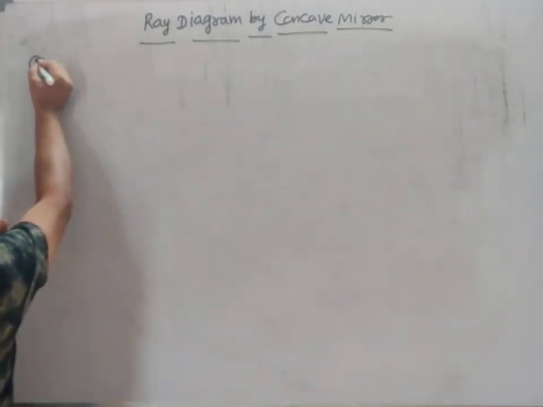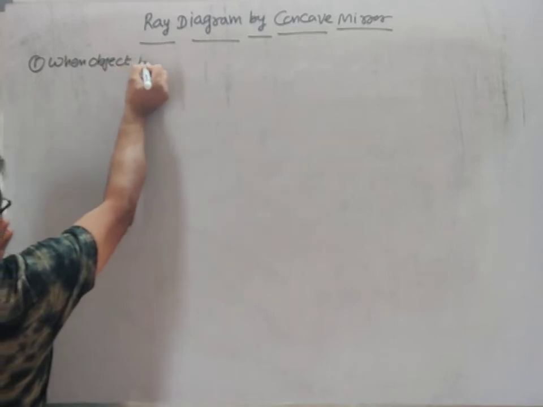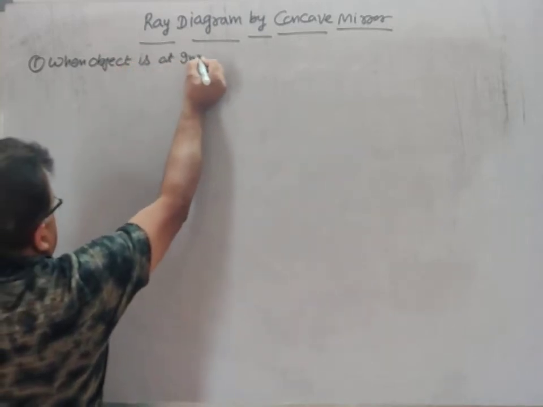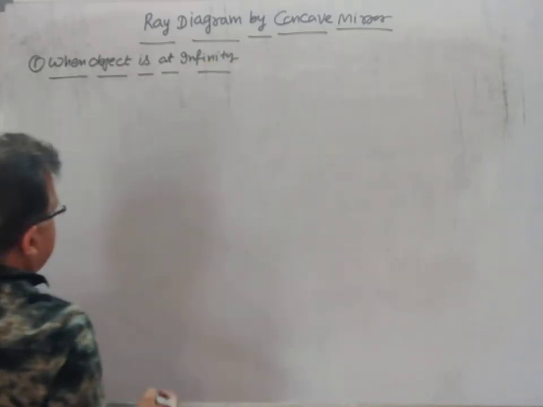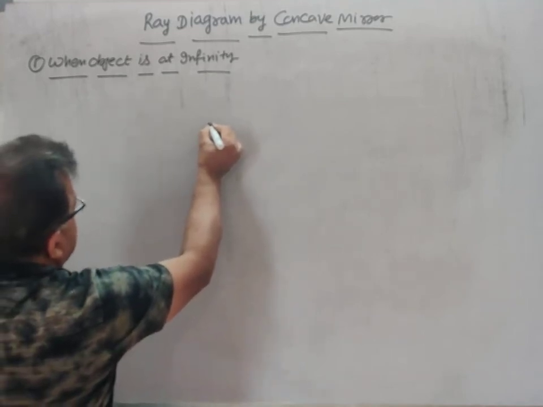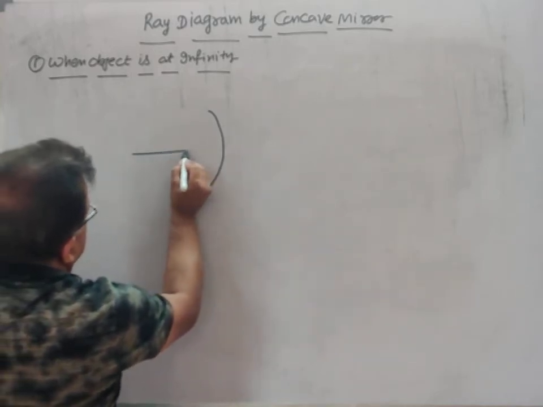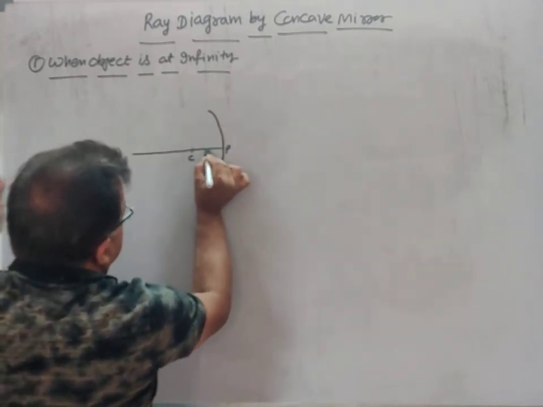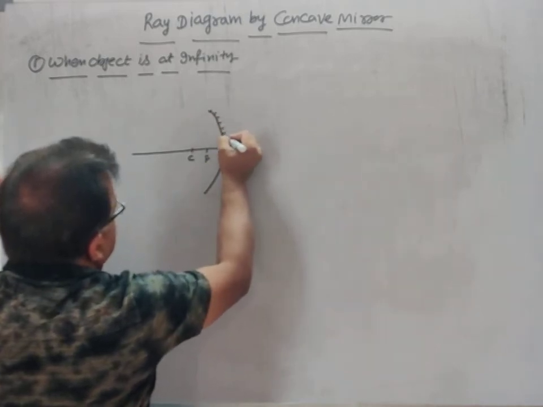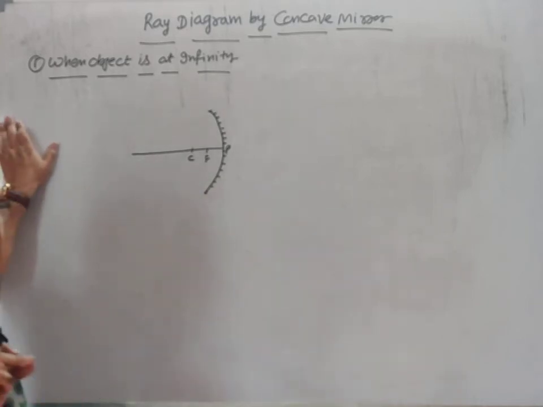First, when object is at infinity, it is P and approximately there is C, F. You have to make with ruler and compass by taking proper measurement.